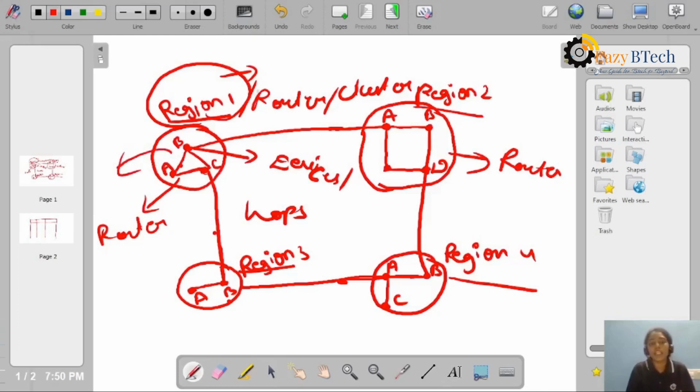It has no idea about the internal network structure of the second router. We are connecting from one region to another region by using some paths. This is the actual diagram. So we maintain one table for these regions.